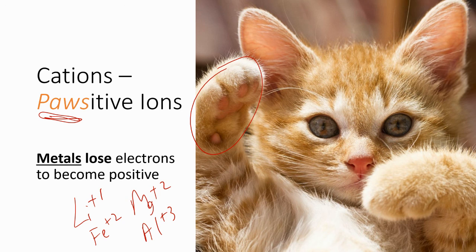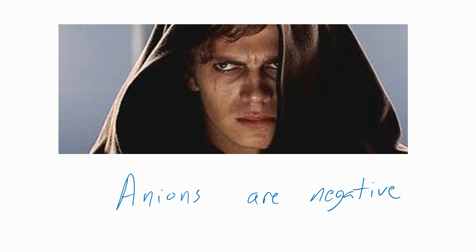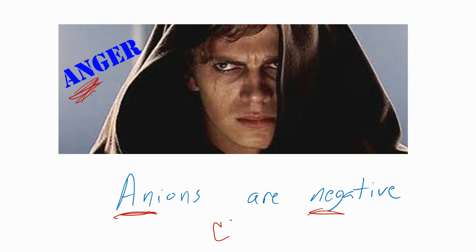And this is just vernacular you need to know. If there's a name for the positive ones, there must be a name for the negative ones. The negative name is called anions. Anions are negative. Think of Anakin Skywalker, or just anger in general. Anions, anger, that's a negative thing. So anything that has a negative charge would be considered an anion. There's not as many anions as there are cations.